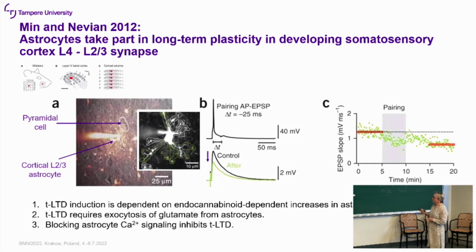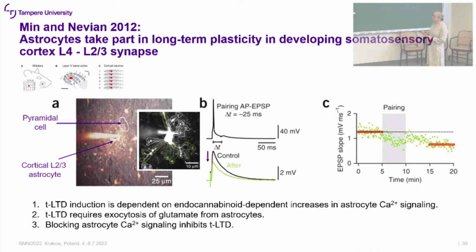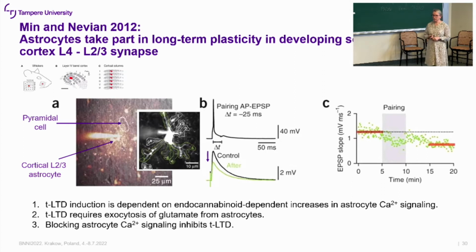They used the pairing protocol that Ausa Saudarkiene explained yesterday to induce STDP. They found that this STDP induction is dependent on endocannabinoid release from astrocytes, and this induces calcium signaling in astrocytes. So this is now the input to the system.